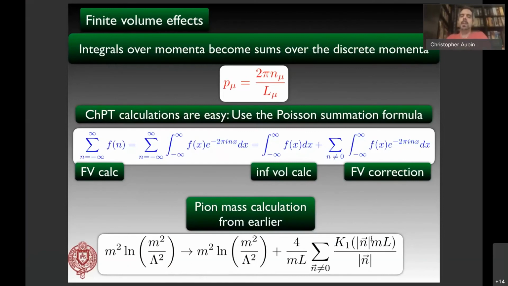If I look at the first term here, it's going to look like e to the minus mL over mL. And so this is very easy to calculate, and now it's very easy to apply to any calculation. So this is one simple way of applying the Poisson summation formula to calculations.